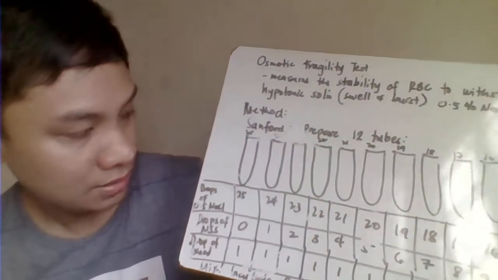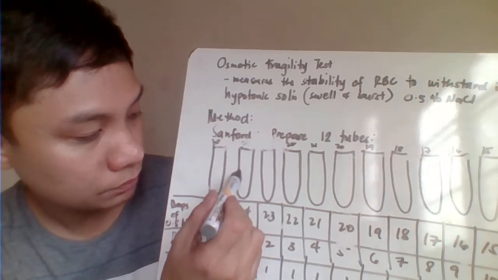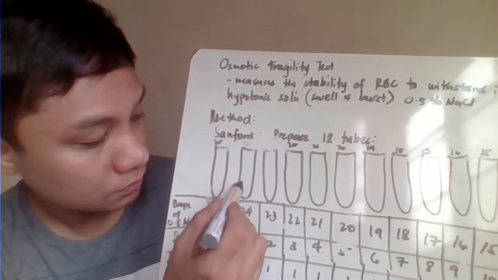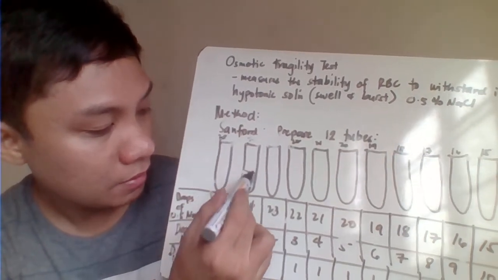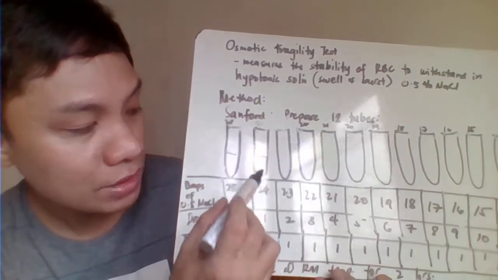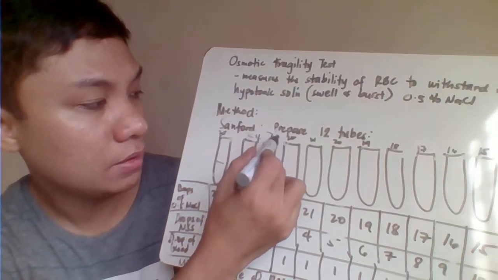So, it's just like that. For example, 24, 23, 22.